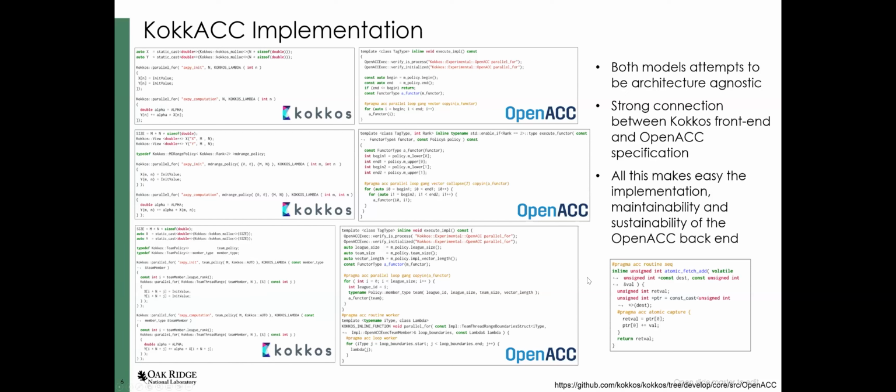Kokkos also provides atomic operations, and again, these can be implemented in OpenACC in a very simple manner as well. So the conclusion of this slide is that, because of these similarities between Kokkos and OpenACC, in terms of syntax and features provided, the implementation is extremely easy.